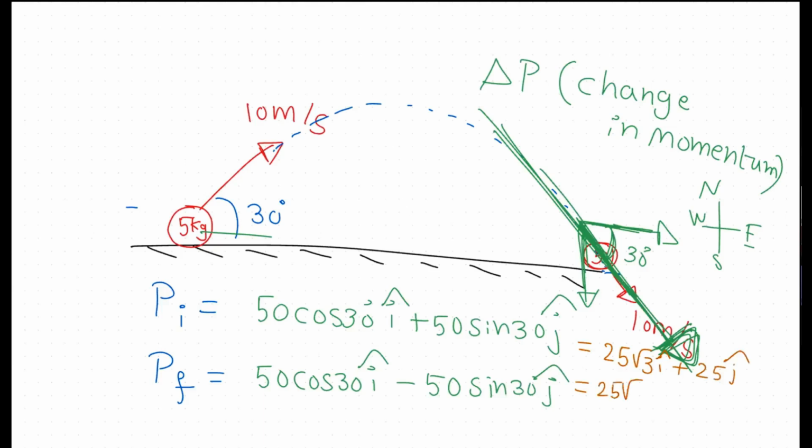The change is P final minus P initial. The i cap you add, the j cap you subtract. Change means subtract the two vectors.